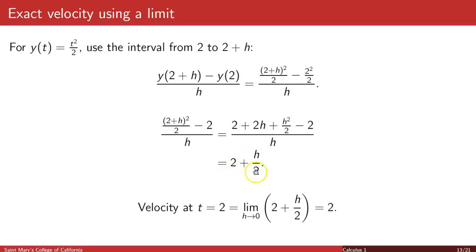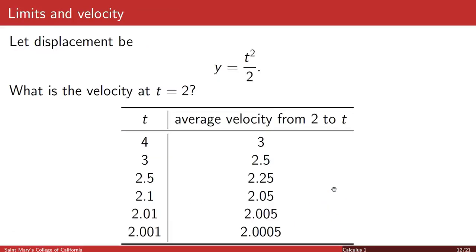And once we've reached this stage, we still need to take the limit as h approaches 0, but it's no longer a problem. Like if we did it here, we get 0 over 0 again, but if we do it here, well, it's easy, it's just 2. The limit as h approaches 0 of 2 plus some h over 2 is just 2. And of course that agrees algebraically with what we got numerically.